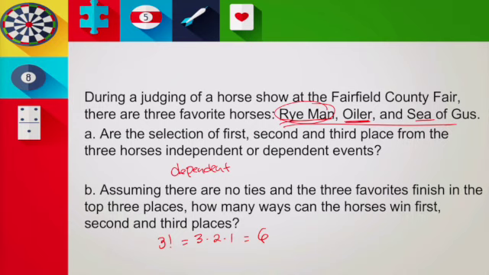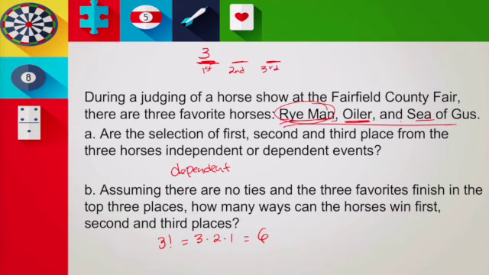If you struggle with the formulas, one way with permutations that you can do it is just draw little spaces for the spots. So this is first place, and this is second place, and this is third place. And we say, okay, how many ways can we pick first place? There's 3 options, so we can pick 3.